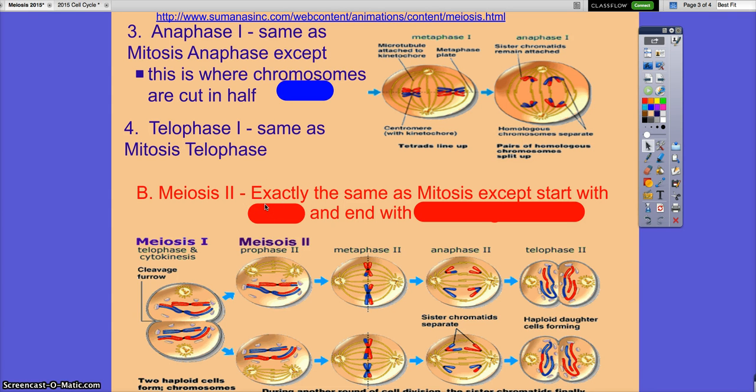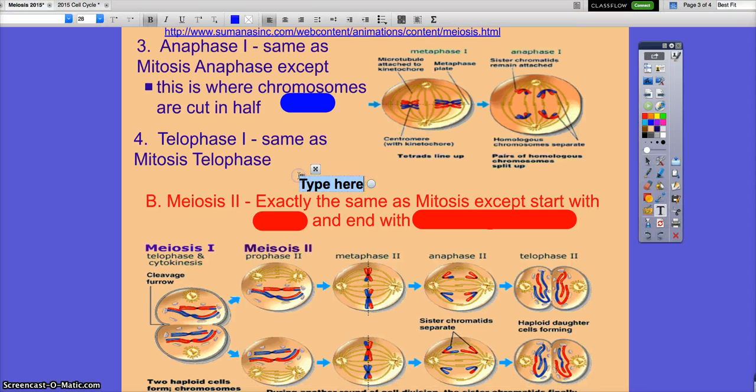Then meiosis 2 starts. So instead of cytokinesis, you have telophase 1, and then you have cytokinesis. Add that word there. Instead of interphase, starting up again, you start to go through meiosis 2. Okay?